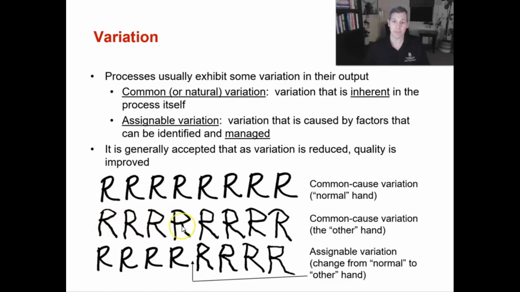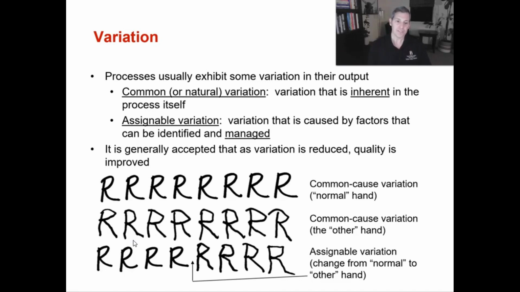They look about the same. Now, if you were to try and write your first initial of your name twice with your primary hand and twice with your other hand, what you'd get is 2 letters that look about the same, and then you'd get 2 letters that look about the same, but there's variation there.